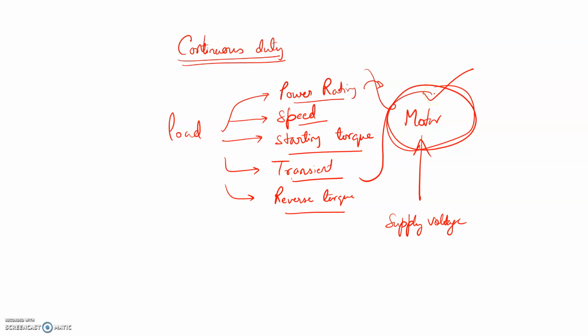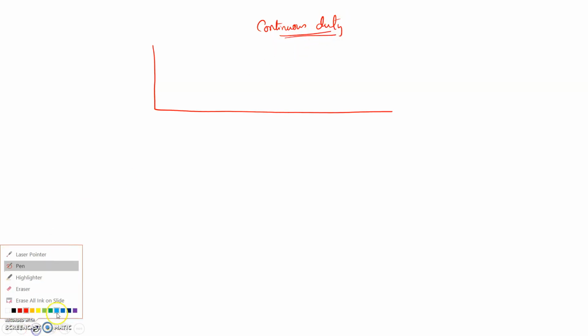So for that, we need to go for a continuous duty type, and let us see how to calculate the power rating for a continuous duty type load. So when I say continuous duty, let us take a simple example.